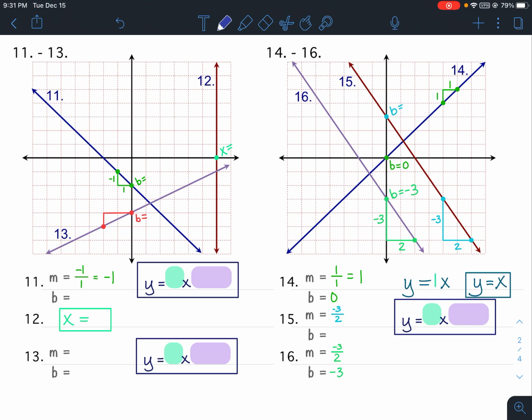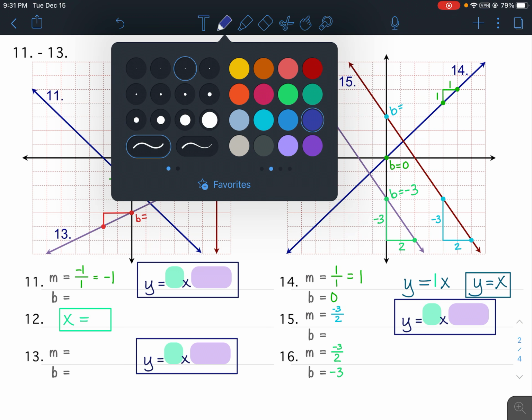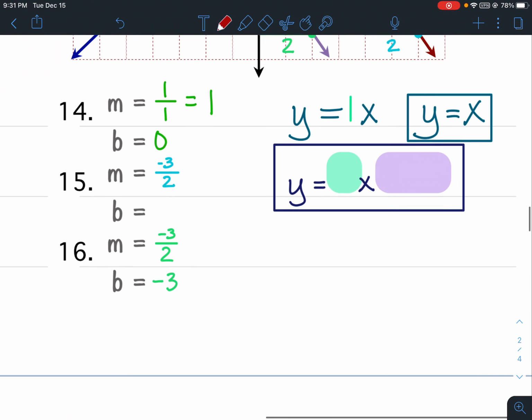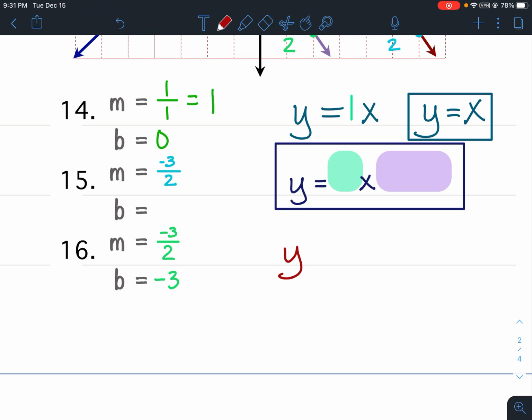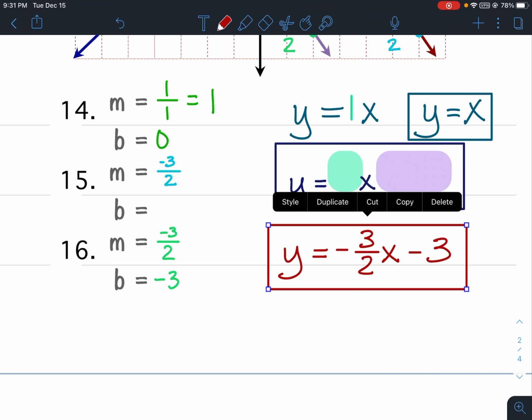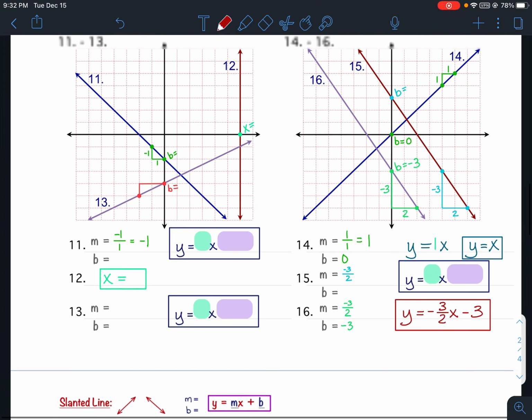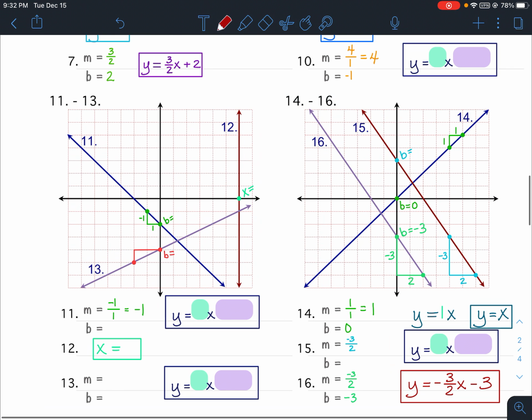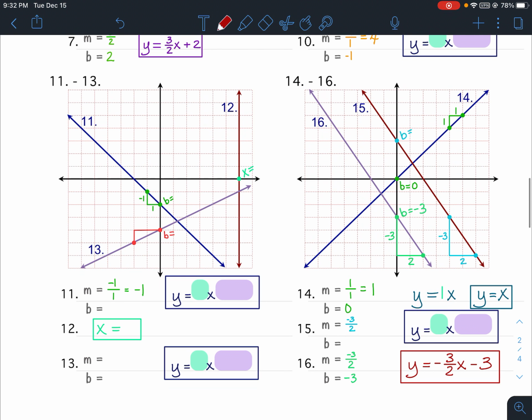So my equation for number 16 is y equals -3 over 2x minus 3. And that is it for questions 11 through 16.